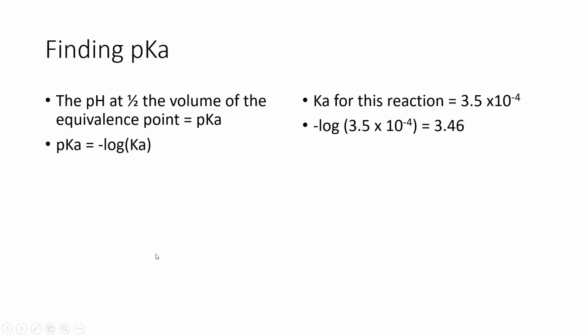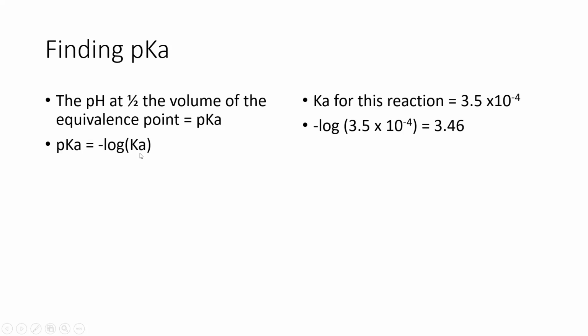From the graph, the pKa is found by looking at the pH at half the volume of the equivalence point. That's what the pKa is. pKa is also equal to the negative log of the Ka. Just like we found pH by negative log of hydronium, the pKa is negative log of the Ka.